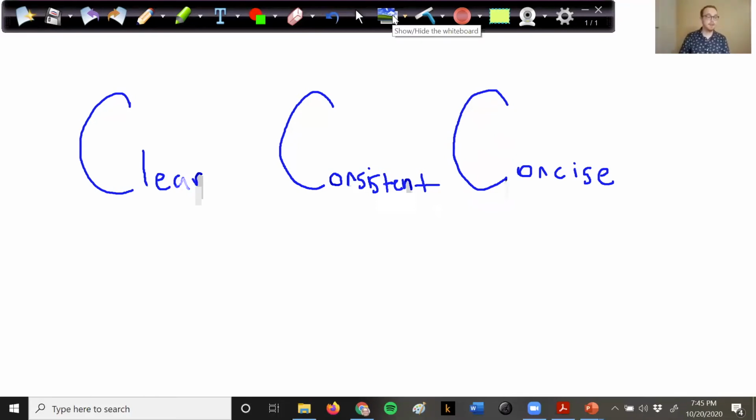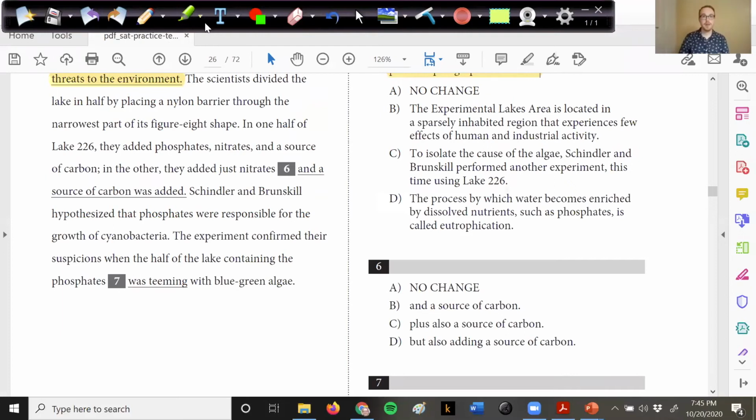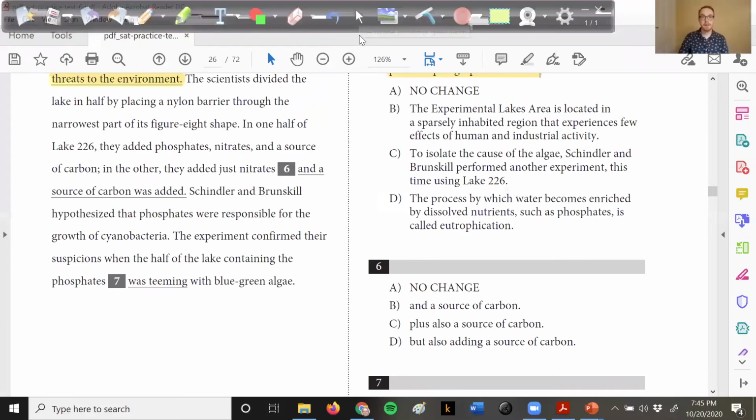And I think it'll be pretty straightforward which one we're being tested on in number 6. "And a source of carbon," plus also a source of carbon, but also adding a source of carbon. We're being tested on whether or not this is the most concise.